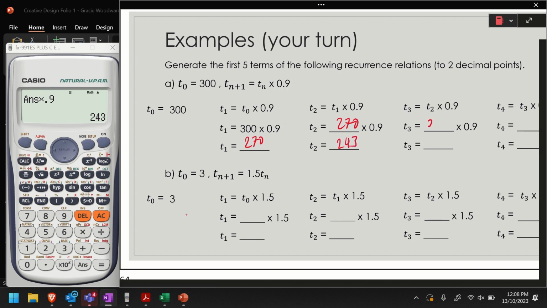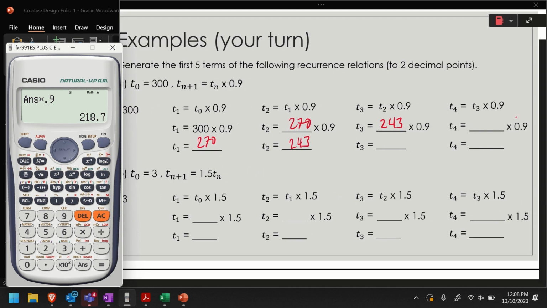Third number, or T3, sorry, 243 times 0.9 should be 218.7. Cool. And then we put that here to get T4, and then enter, and that's 196.83.